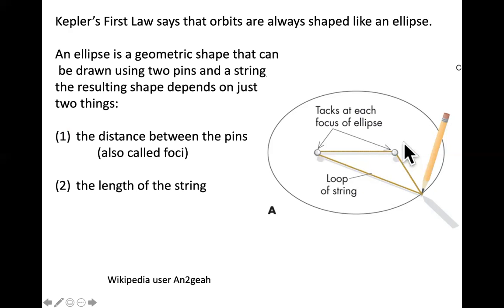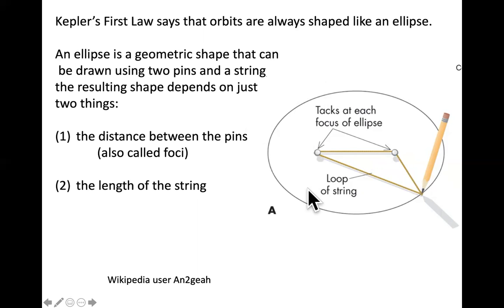You run a string around those two things and stick a pencil in, pull it taut, and pull it all the way around. If you do that correctly, it's easy to not do it correctly, you will create a closed figure, which is known as an ellipse.